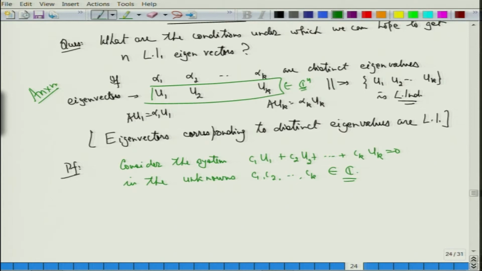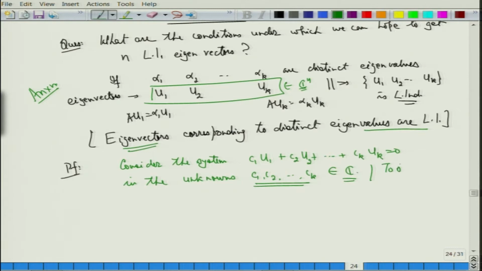I want to find the Ci's, or rather, since I want to prove that the eigenvectors are linearly independent, I have to show that the only solution here is the trivial solution.